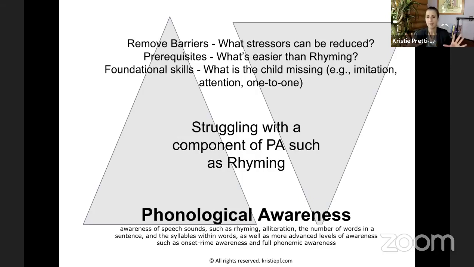It's fascinating. There's actually a thing called visual rhyming for kids who are deaf. So fascinating to understand how rhyming actually develops culturally, linguistically, and individually.